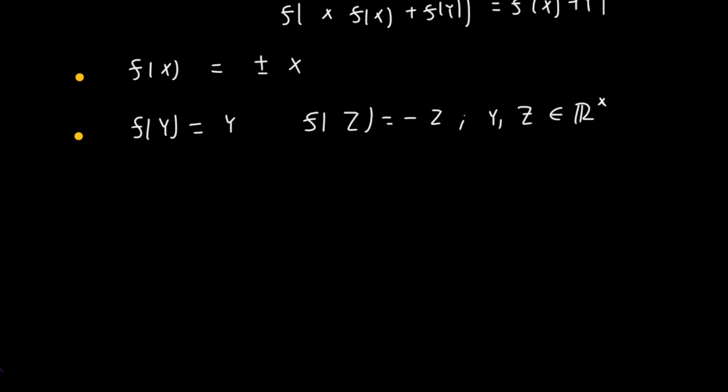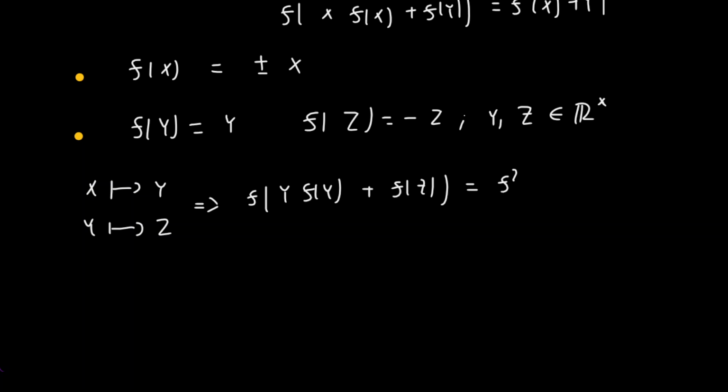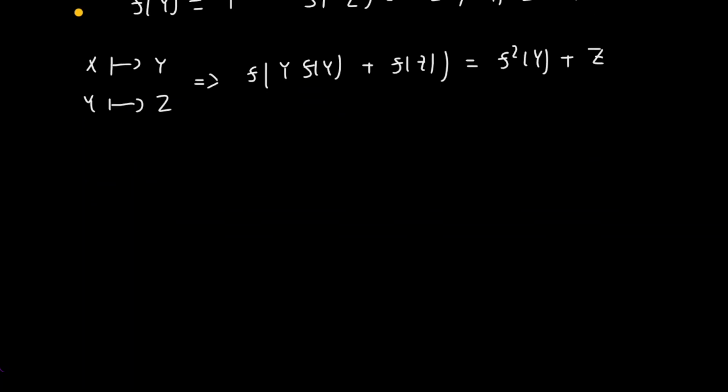Okay, so let's put y instead of x, and z instead of y. And you will get something like f of y times f of y plus f of z is f squared of y plus z, which essentially is f of y squared minus z, which is y squared plus z.